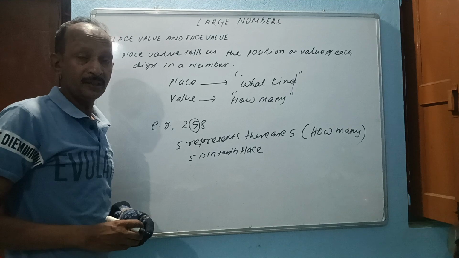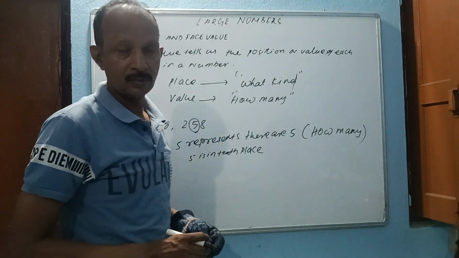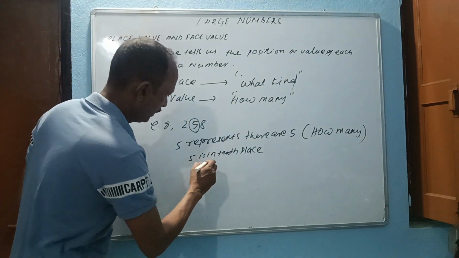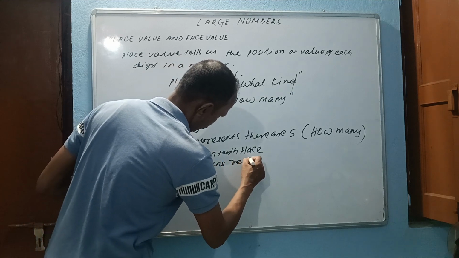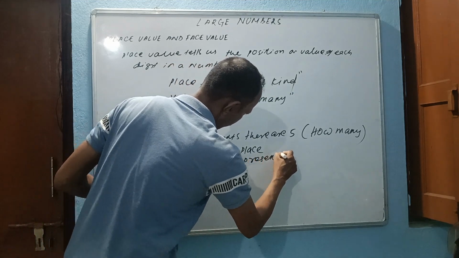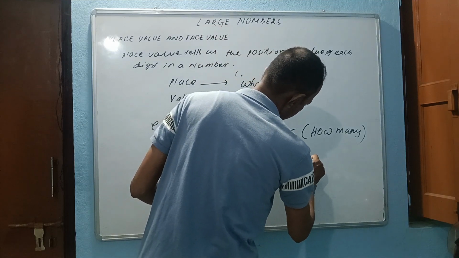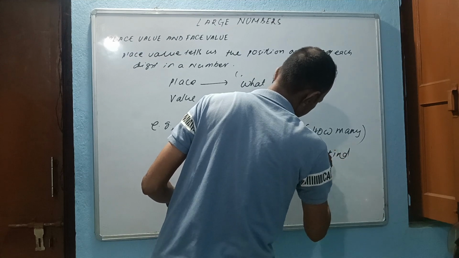So what does it mean? It represents what kind? So I can say that tens represents what kind.